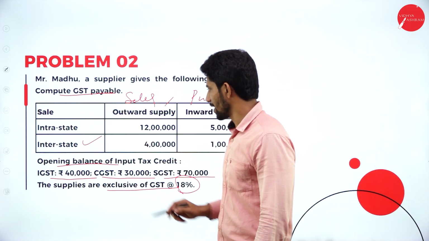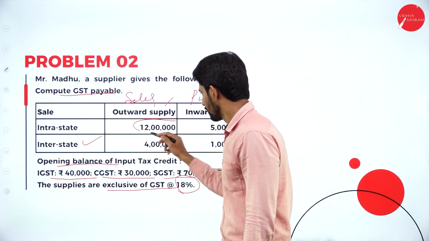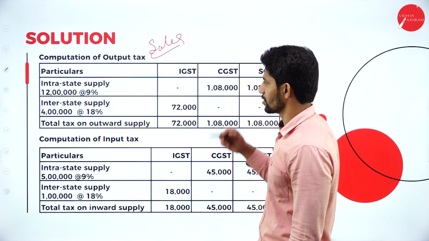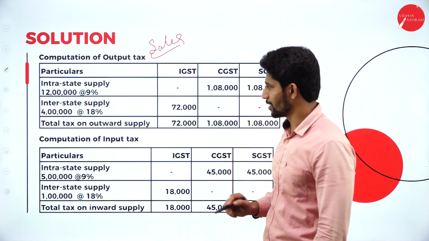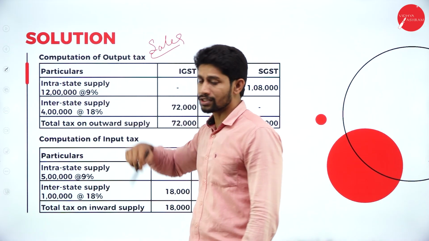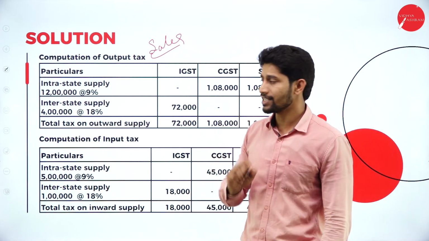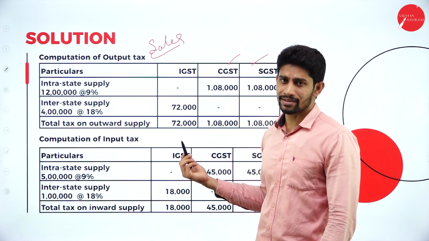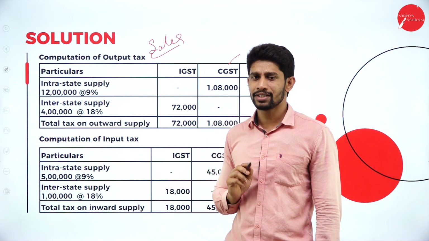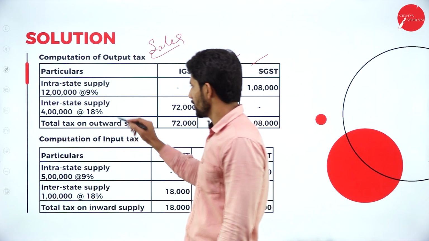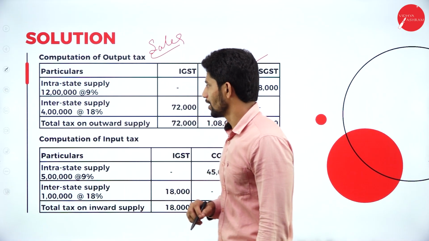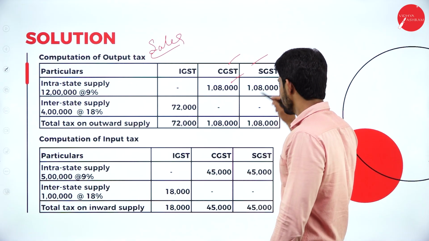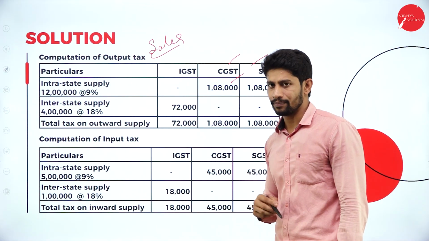Intrastate sales: what is the value we have? 12 lakh rupees, a transaction within the state. Which tax is applicable? Yes, CGST and SGST. The rate of tax is 18%, 9% CGST and 9% SGST. On this 12 lakh, how much will you get? You will get 1,08,000 and 1,08,000.